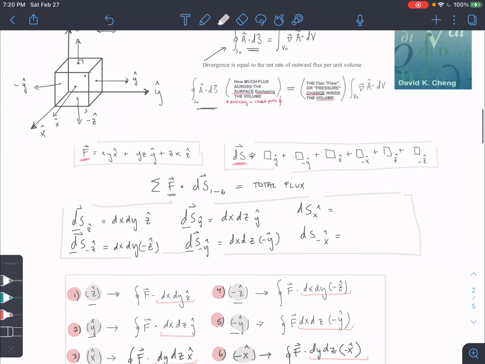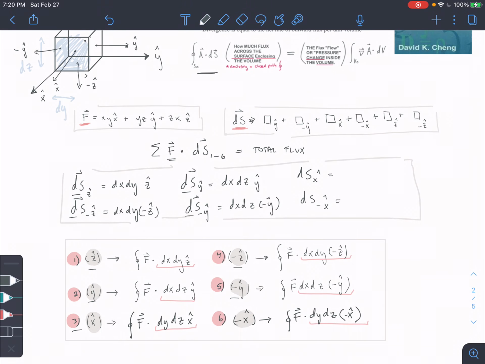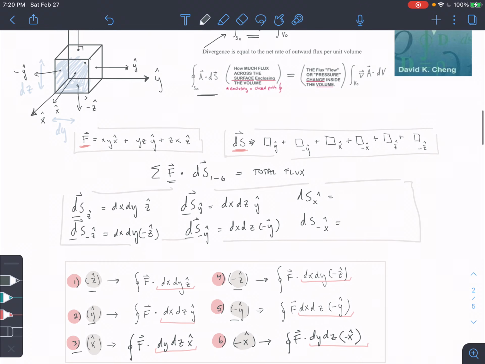So for our x on the front face here, we have a change in y on this side and a change in z on this side. So for x coming out of the positive way, we have dy dz in the x hat, and then we'll have dy dz in the negative x hat.